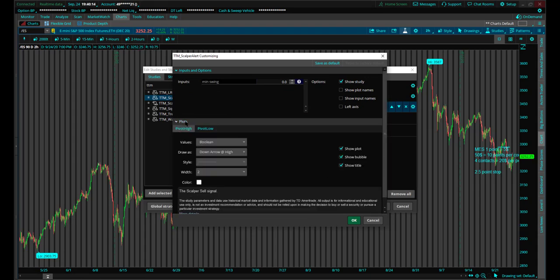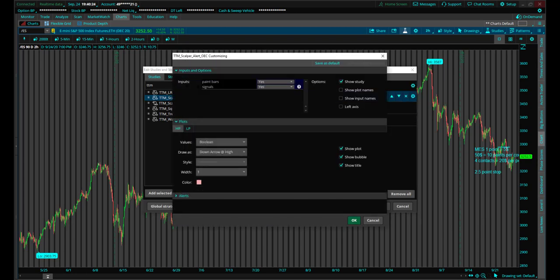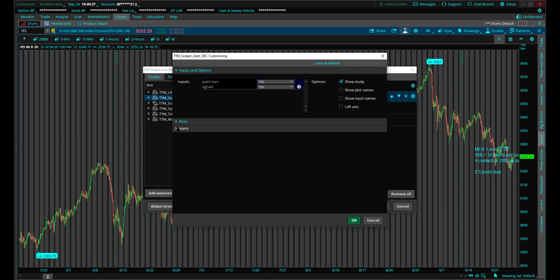I wanted it to actually have an alert, so I made my own. We'll just get rid of the one that comes with Thinkorswim and we'll look at mine. So mine actually paints the bars, and you can turn off the signals just from right here. You don't have to go in and click any of this stuff. And then it also has alerts.